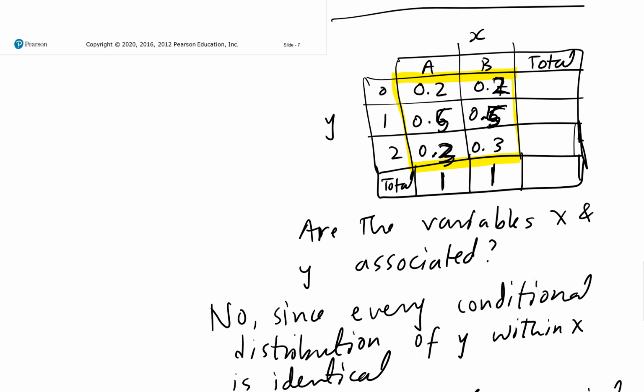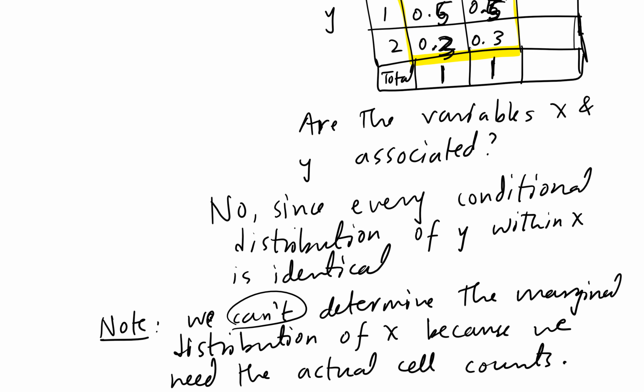This shows us that we can't determine the marginal distribution of X because we need the actual cell counts. So now remember, we told you we can determine the marginal distribution of X, like the vertical lines, but can we do it for Y?